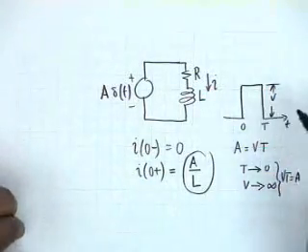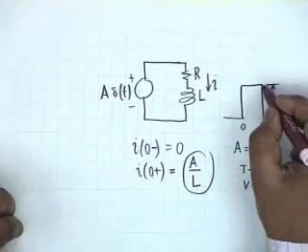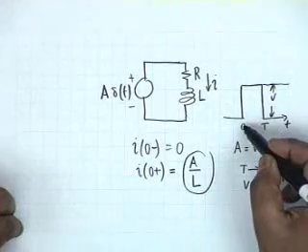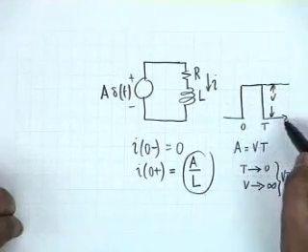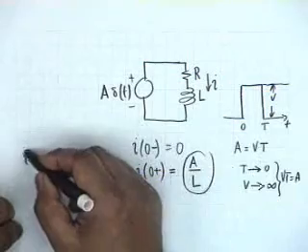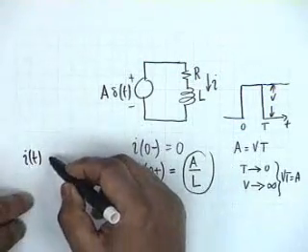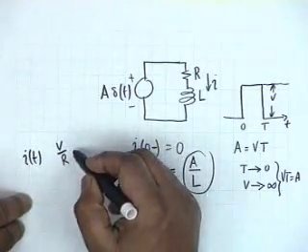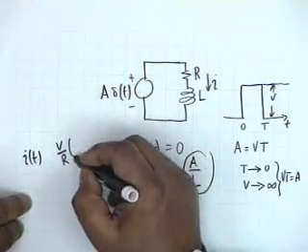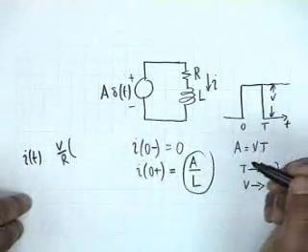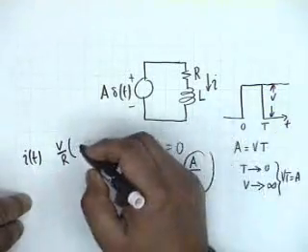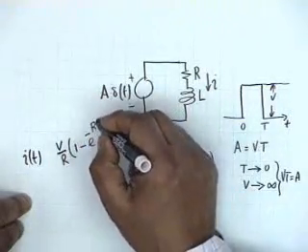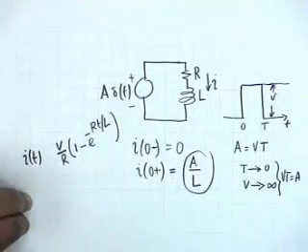If I apply a step which rises from 0 to capital V at t equal to 0 and remains constant, the current I of t in this circuit shall be simply V by R times, since the initial current is 0, 1 minus e to the minus Rt by L. Agreed?